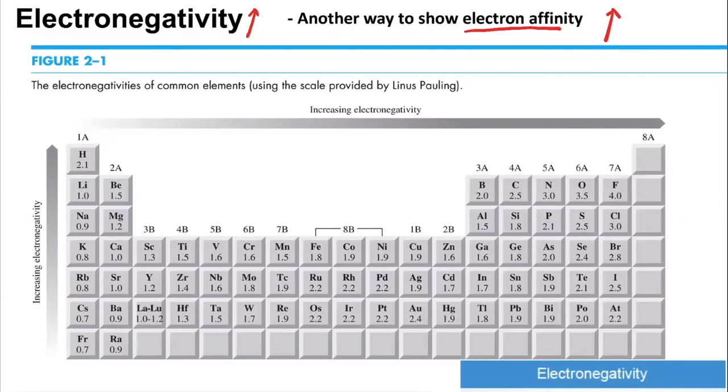If you go from left to right, as we know, the electron affinity becomes larger, so the electronegativity will have a higher value. Similarly, if you go from the top to the bottom, the electron affinity becomes lower, so these numbers decrease, right?